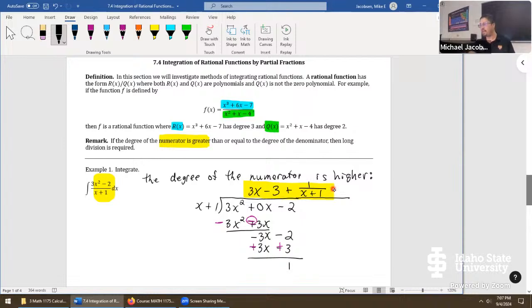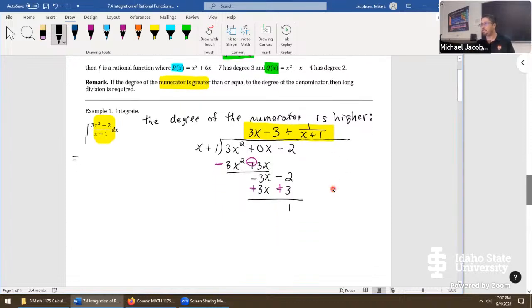Okay, so back over to the integral. Let me maybe scroll down a bit to fit this all in. The integral is now equal to the integral of 3x minus 3 plus 1 over x plus 1 dx. Now we've reduced a nasty integral here to essentially a calculus 1 integral in a certain sense.